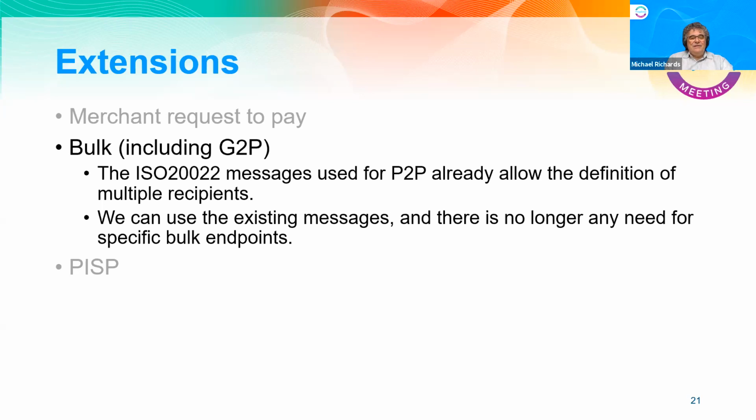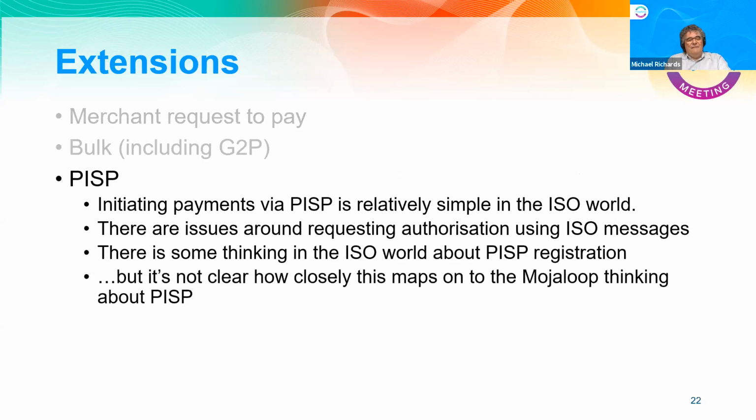Okay, so there's that. Now, PISP is a bit more difficult. Initiating payments via a PISP, for which we use request to pay, is relatively simple in the ISO world, as we've already said. But there are issues around requesting authorization in ISO messages, which is something that we do at the moment, and we certainly want to do for a PISP, as I'm sure you will have gathered from Lewis's expert presentation earlier today.